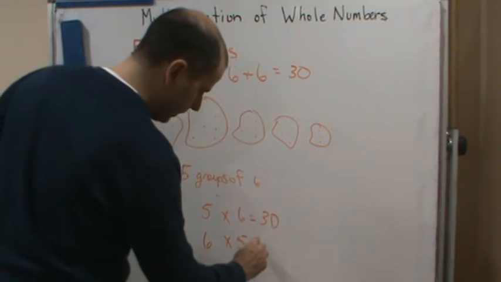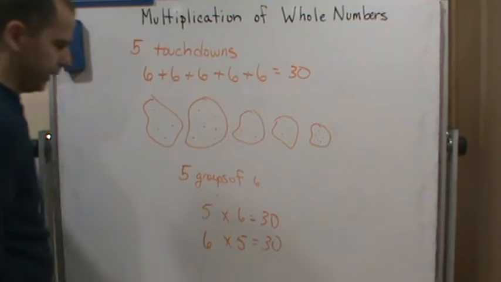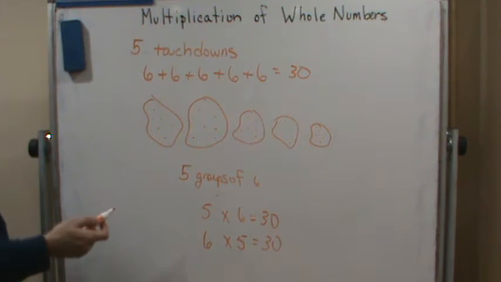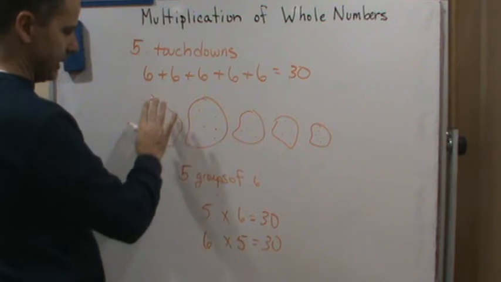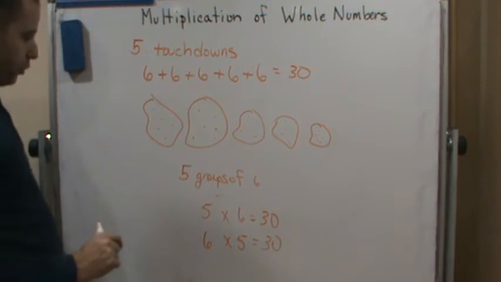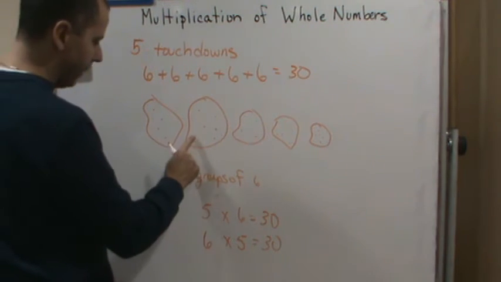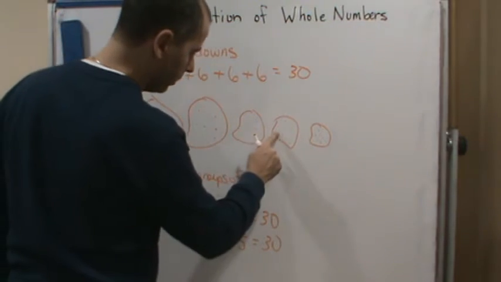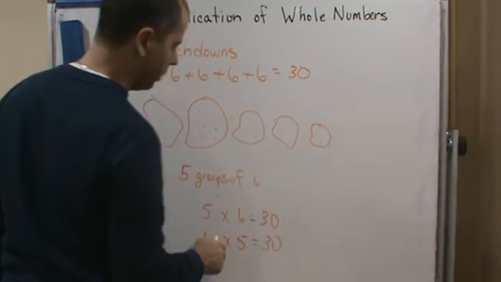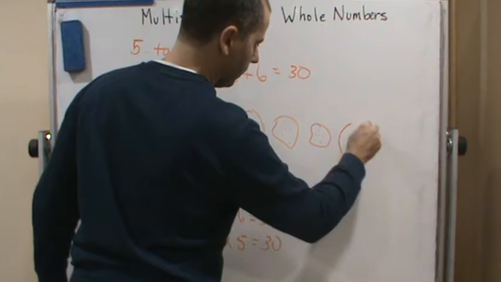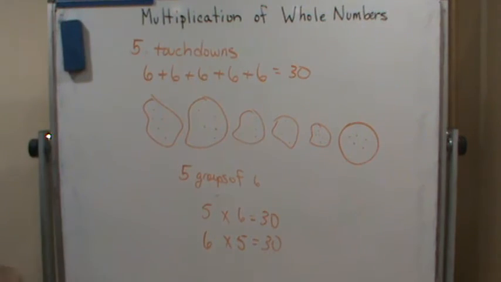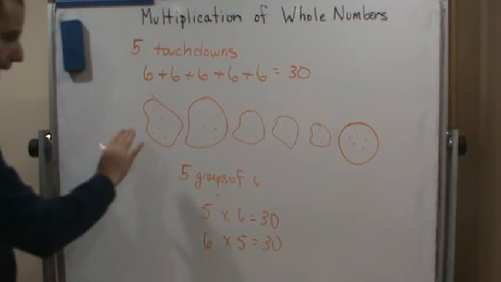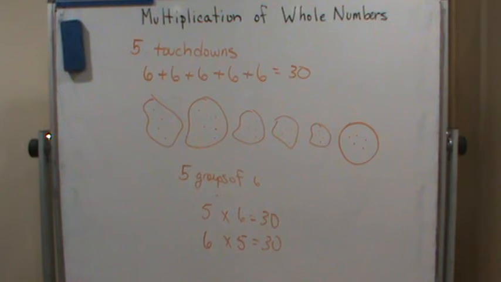Both of these will equal 30. And you can prove it to yourself. Because I can either have 5 groups where 6 points are in each group, or I can have 6 groups with 5 in each group. Either way, when I add them up, I get 30.